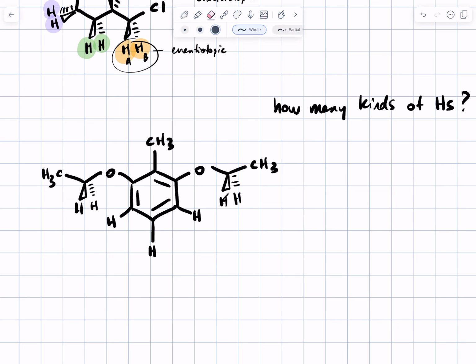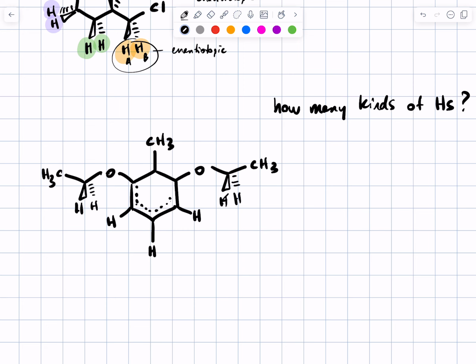Let me give you a hint really quickly. Remember resonance with the benzene ring. Taking resonance into account when dealing with symmetry is important. I could just as easily have put the double bonds like this, right?